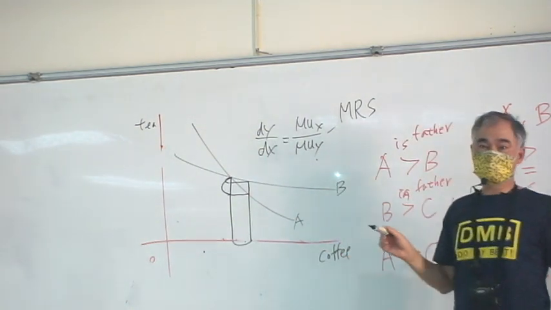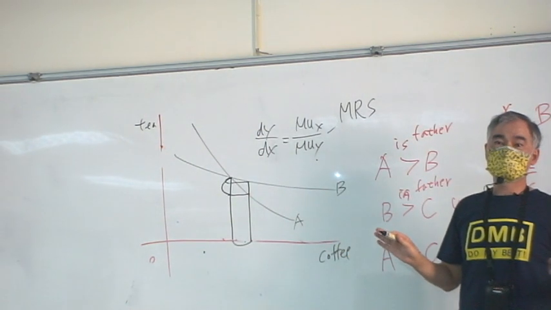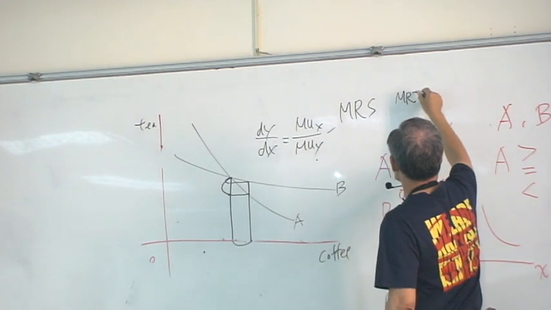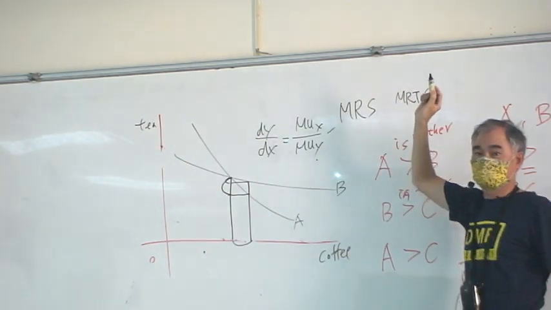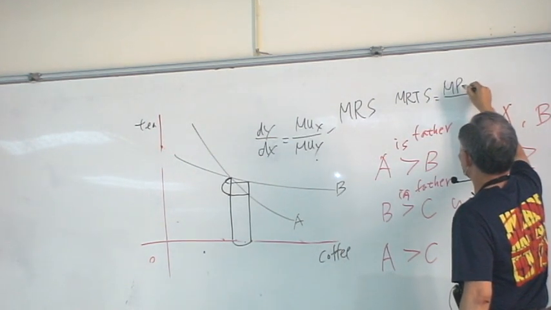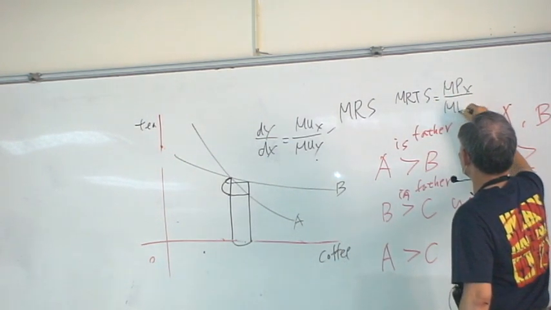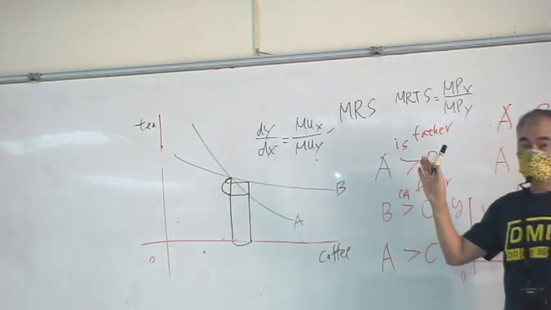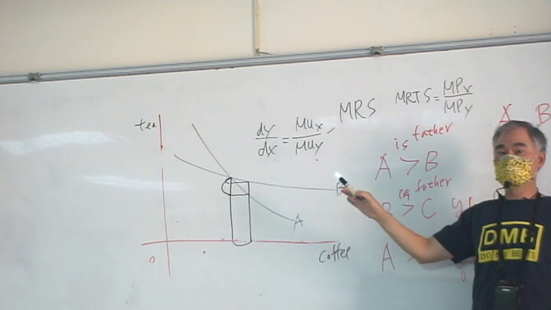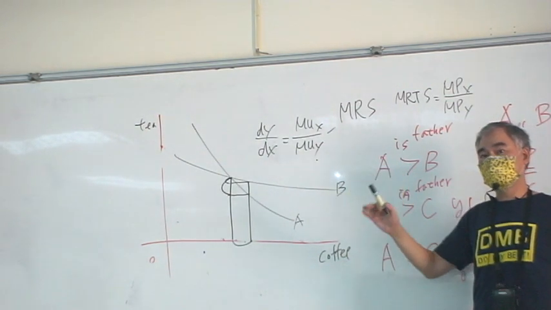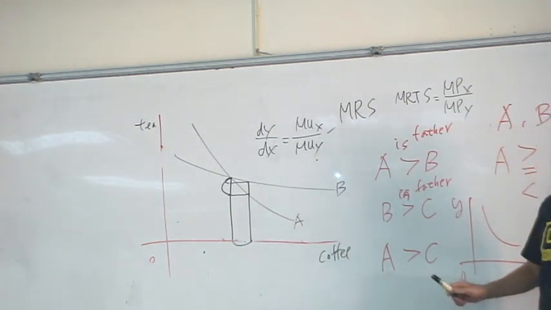When we talk about producers, the model is the same, but the term is different: MRTS, marginal rate of technical substitution, which is the marginal product of X over the marginal product of Y. So what we are elaborating here on consumers is the same thing as for the producer, even though part of the reasoning can be a little bit different.